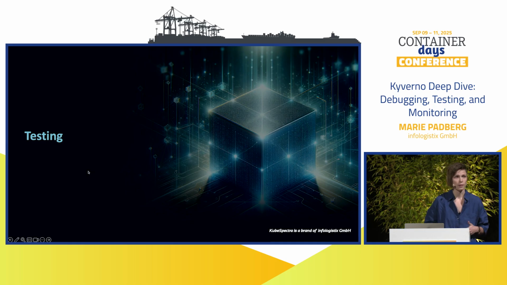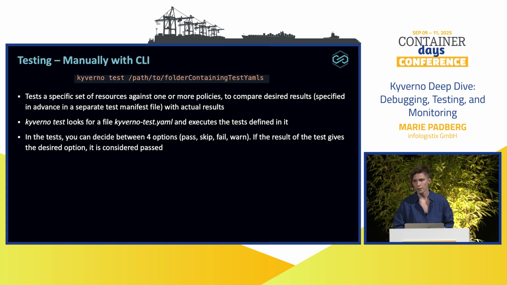Now, after finishing writing our policy, we of course want to test it and to see if it works like we would expect it. And for this, we can start with manually testing with the command line interface. It lets you test your policies against some resources locally. That means you define some resources that should be tested, and Kyverno test takes them and checks them against your policies.